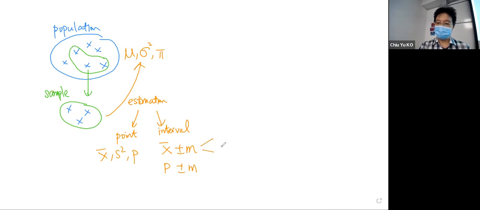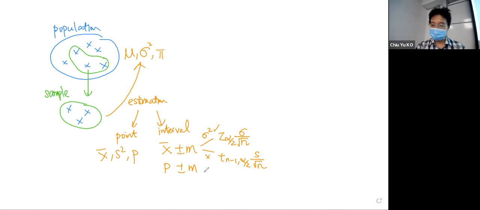We learned that if you know sigma square, m would be z alpha over 2 times sigma over root n. If you have no idea, then it will be t with n minus 1 degrees of freedom at alpha over 2, times s over root n.